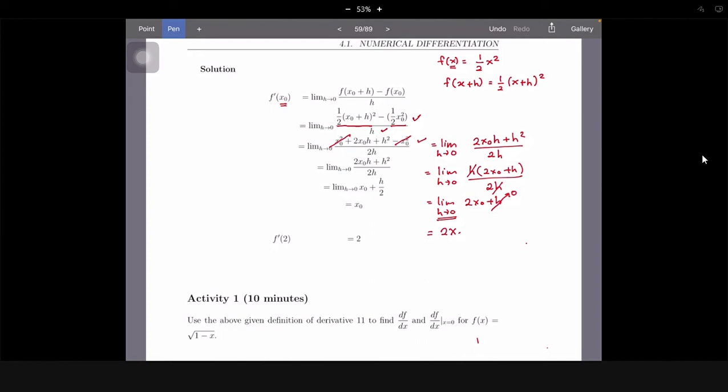Lain lama. Sekejap. Typo ke apa ni? Dah silap ke?